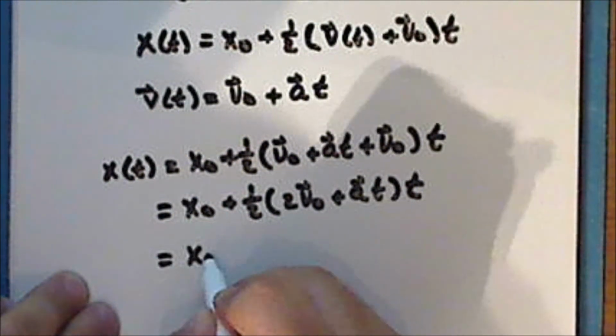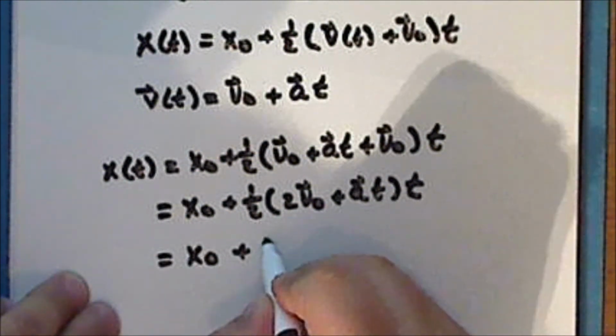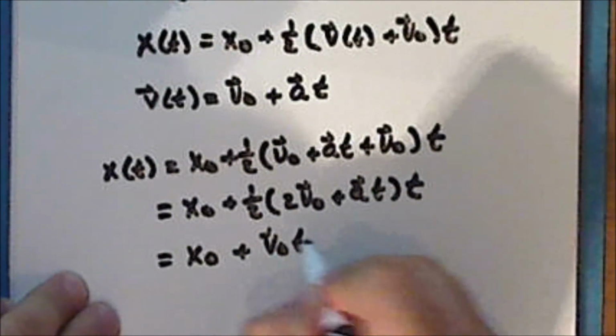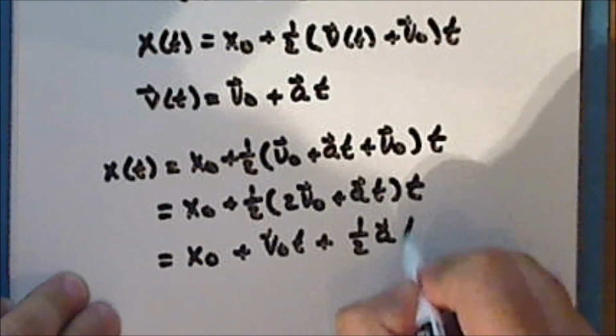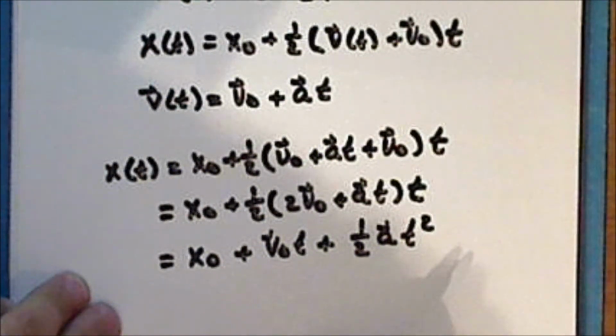And so this is the initial position plus the initial velocity times the time plus 1/2 the acceleration times the square of time.